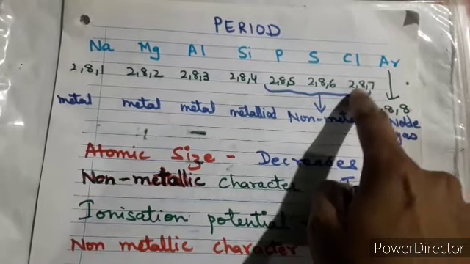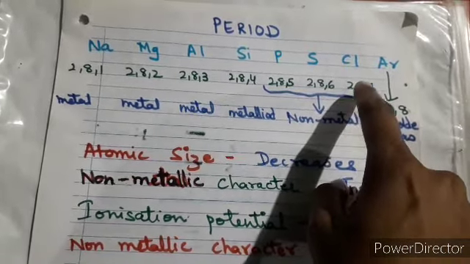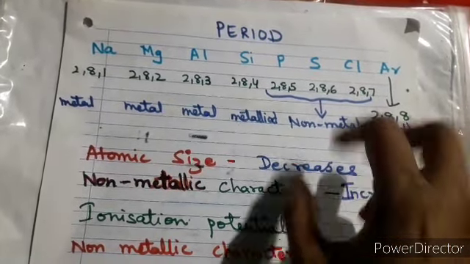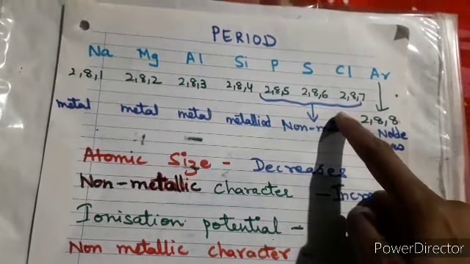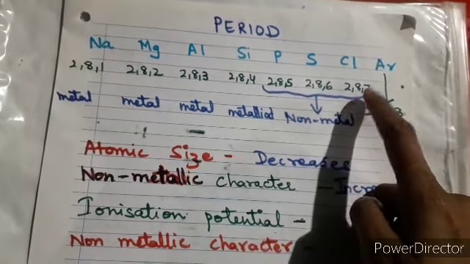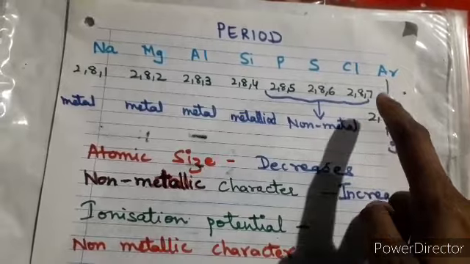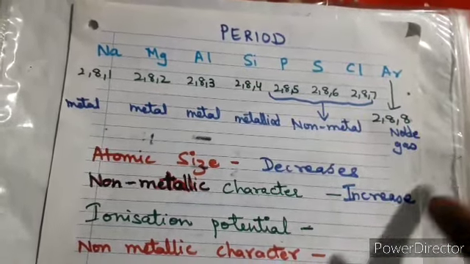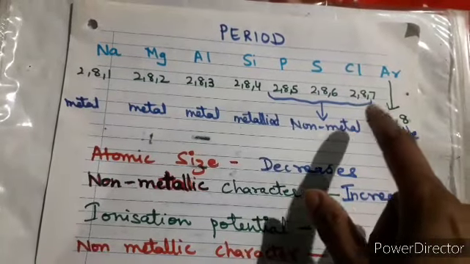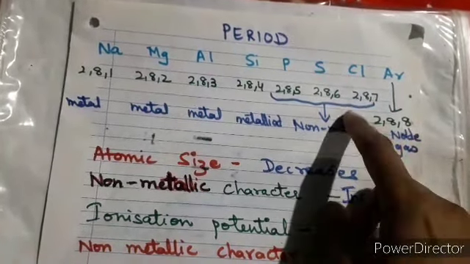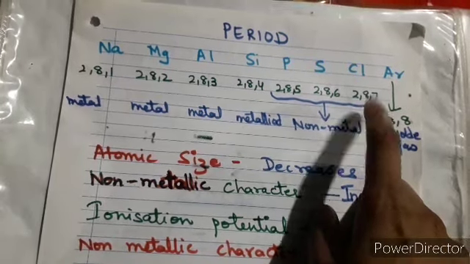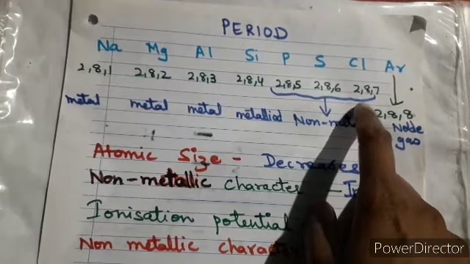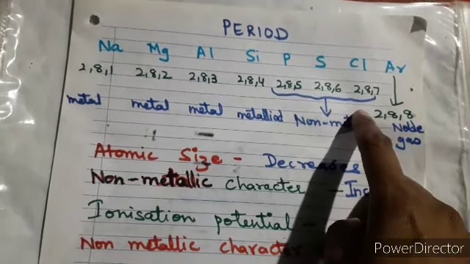And you know that nuclear charge is also very high, and the nucleus is holding its electrons very tightly with a greater force. There is a very great force of attraction exerted by the nucleus on the electrons. So you have to break that attraction force, and for that you need a large amount of energy to remove the electrons. So the energy here is ionization potential or ionization energy, and it is very high because of all these concepts.